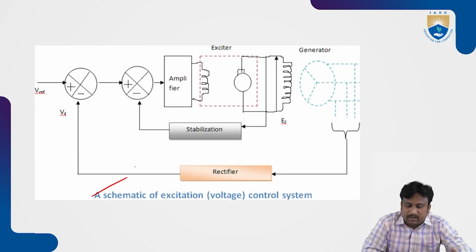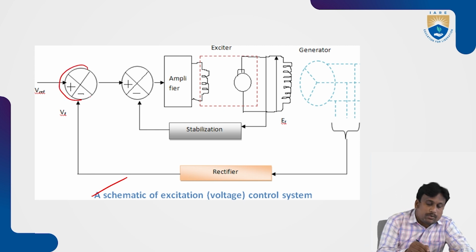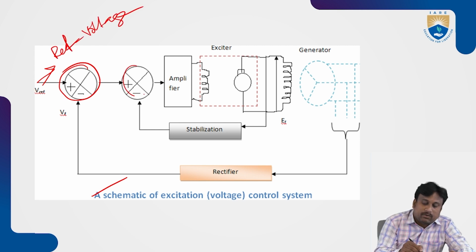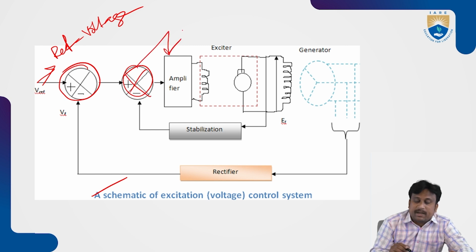This is the schematic model of the excitation or voltage control system. Here is our control block, where we apply some reference voltage. This is given to another control block, where it is amplified, and this amplified path is connected to the exciter, and the exciter is connected with the external field winding, that is EF.